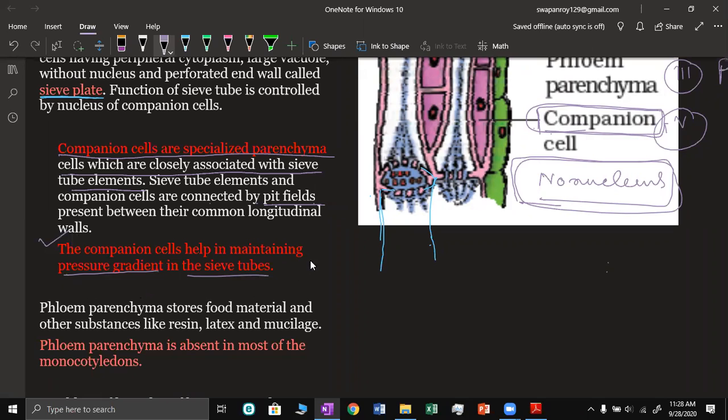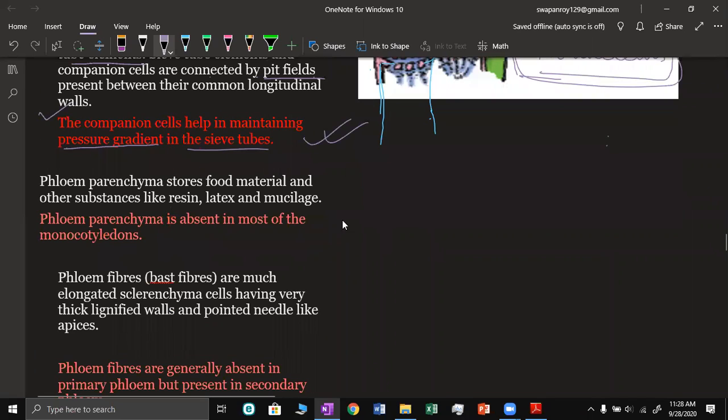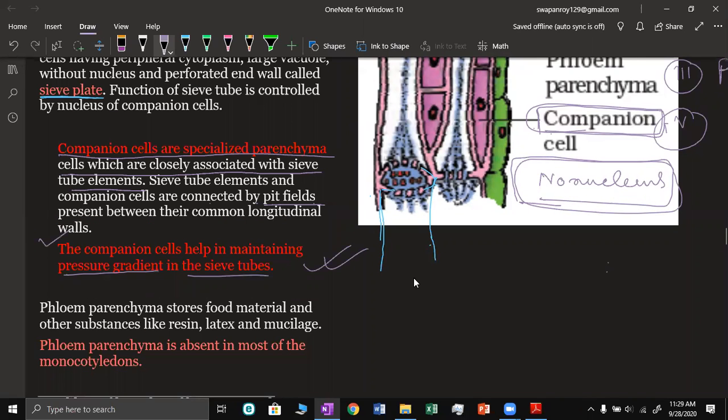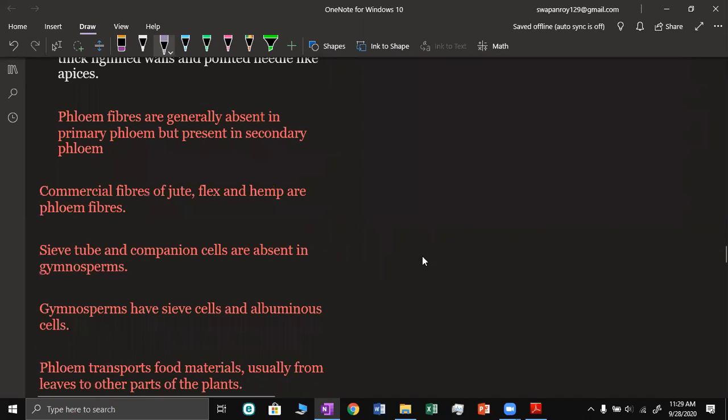This is an important point to remember for objective questions. Sieve tubes and companion cells are absent in gymnosperms. Sieve tubes and companion cells are characteristics of angiosperms only.